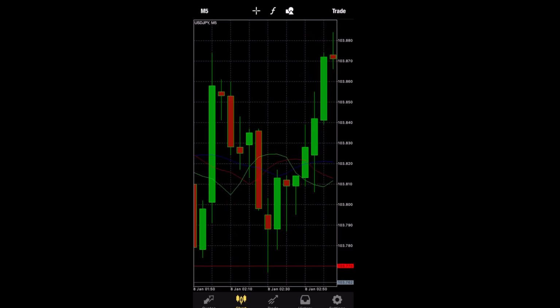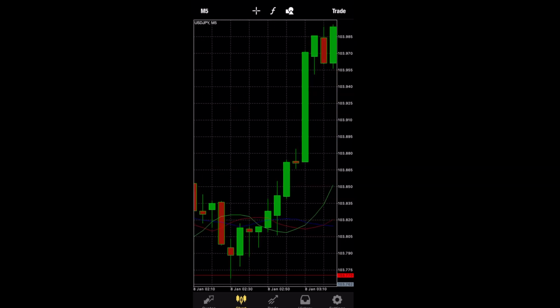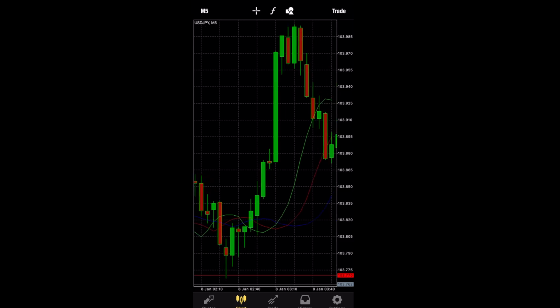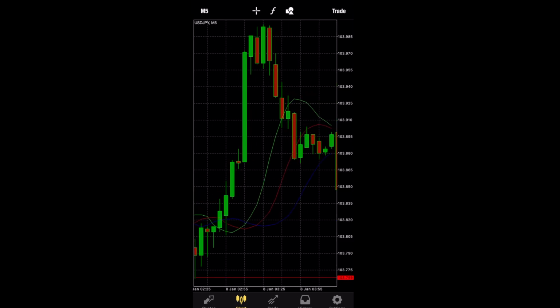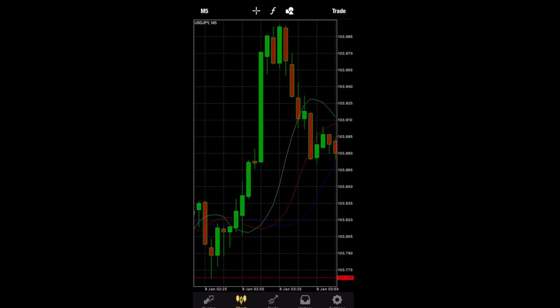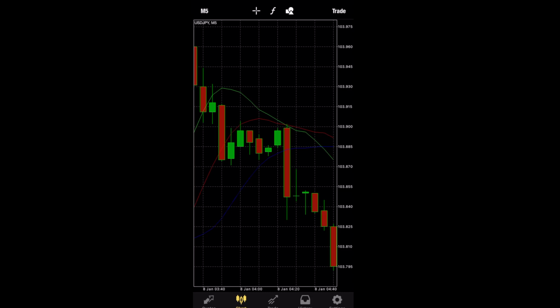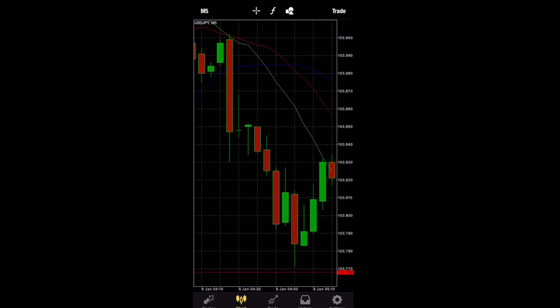Look, the green line crosses the red line up, and price starts shooting up. And the lines spread very far, showing we're in a strong trend. It crosses again, the green line crosses under the red line, and price starts dropping down.